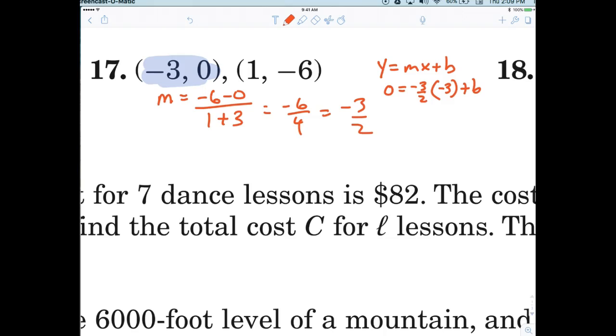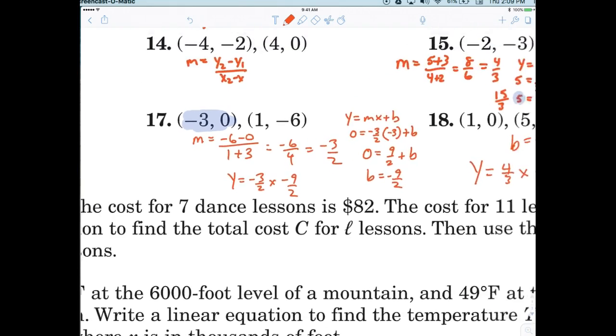So now I have 0 equals 9/2 plus b. So b had to be what? b is -9/2. So my final answer is y equals -3/2 x minus 9/2.